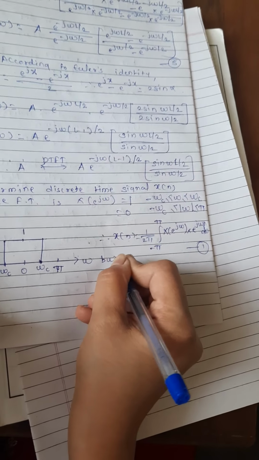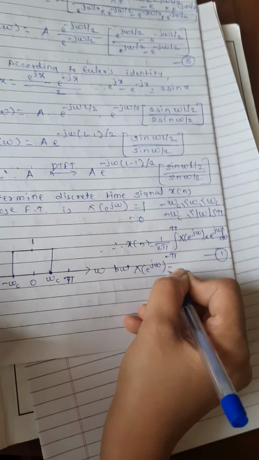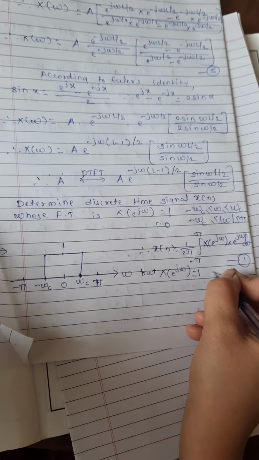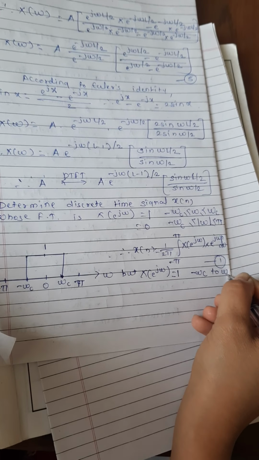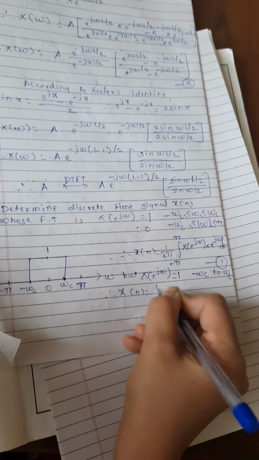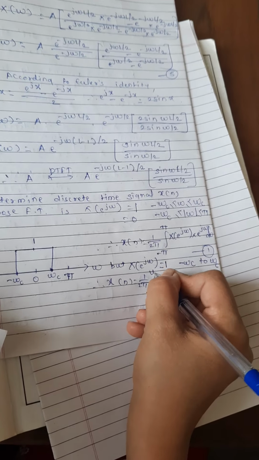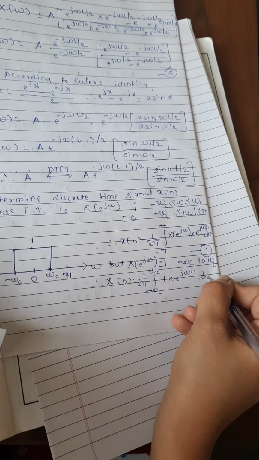But we have X of e raised to j omega is equal to 1 for the range minus omega c to omega c. So we can write x of n is equal to 1 by 2 pi, integral from minus omega c to plus omega c of 1 into e raised to j omega n d omega.